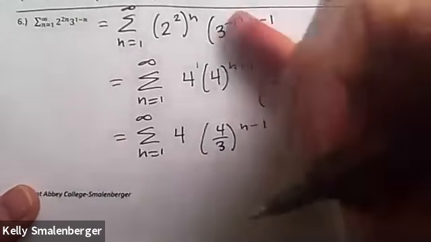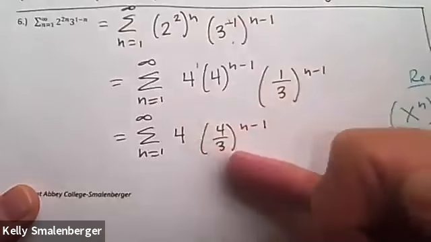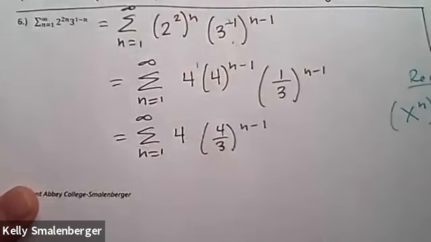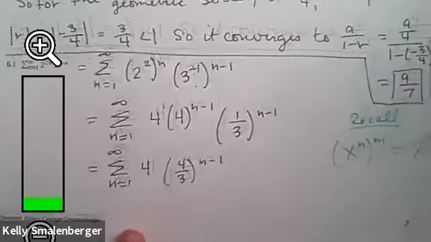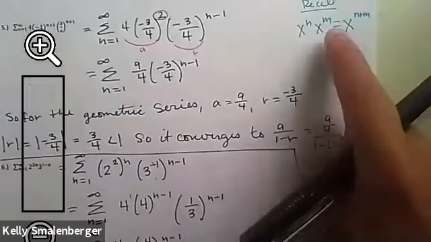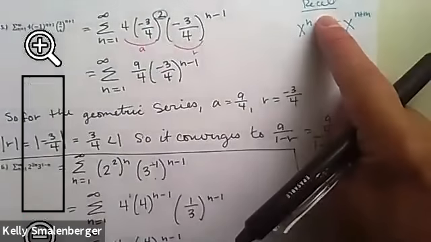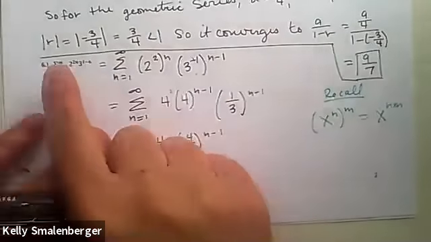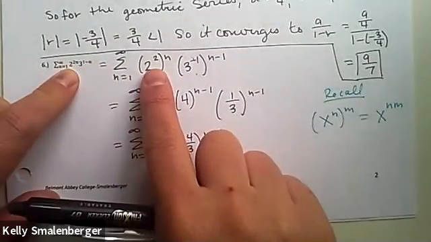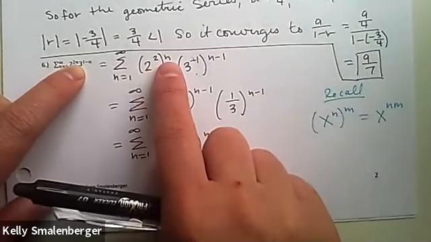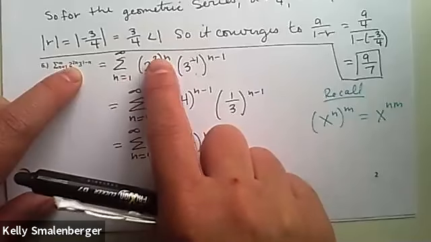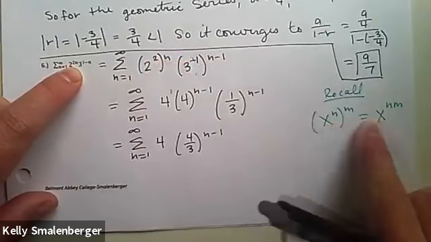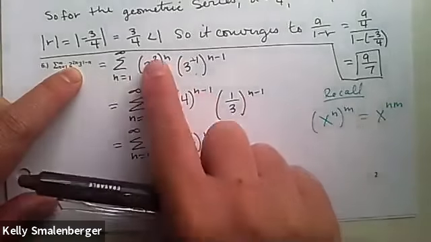So all this stuff I did here was rules of exponents. And it's these two rules that I wrote out, right? It's these two rules that I wrote out. So let me walk through it again. Here, I did 2 to the 2n is 2 squared to the n, right? And then by this rule, 2 squared is 4.